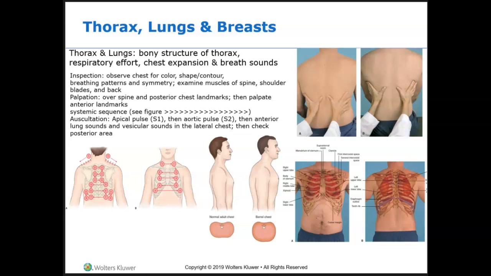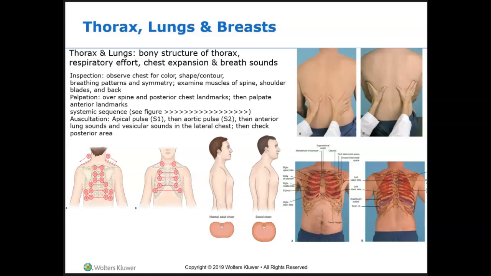Place the hands over the posterior chest wall at the T9 or T10 location and ask your patient to take a deep breath. As seen in the picture on the right, observe the movement of your thumbs and hands. The thorax should be symmetrical on both sides, right? On the left and right, as shown in the picture on the top right.